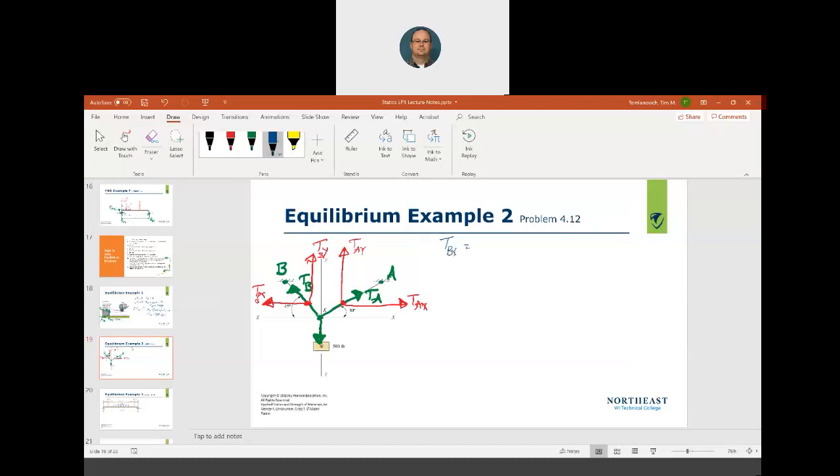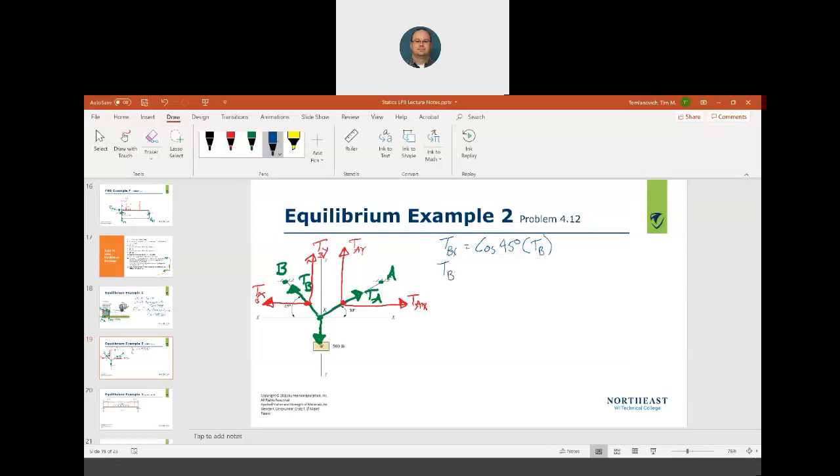Okay, so is the cosine, right? Because that's the adjacent side of my right triangle. Cosine of 45 degrees times TB, right? The hypotenuse is my TB.